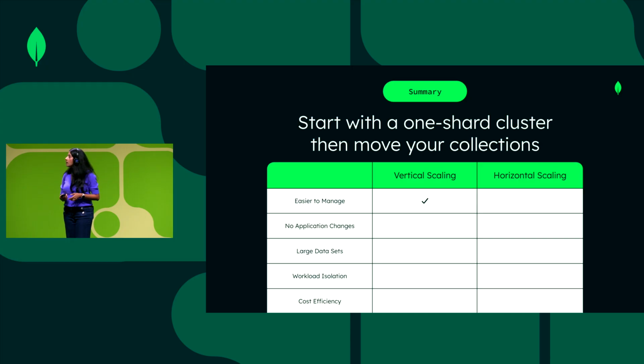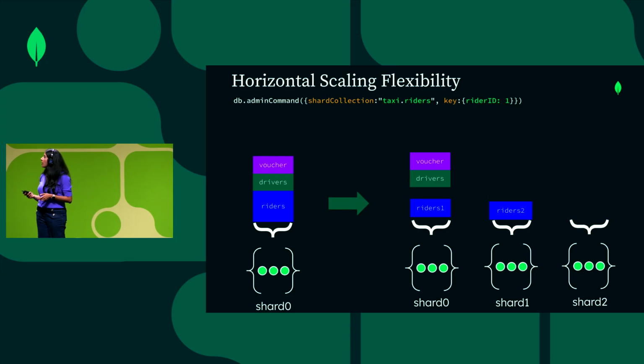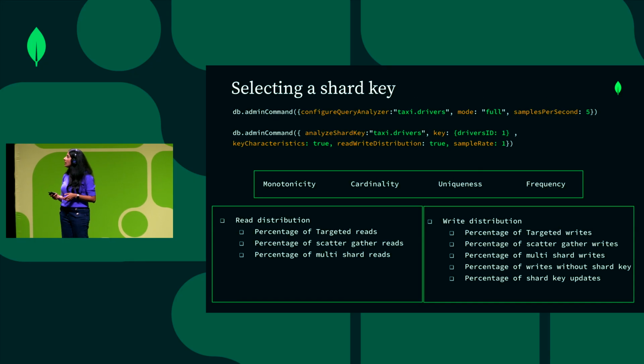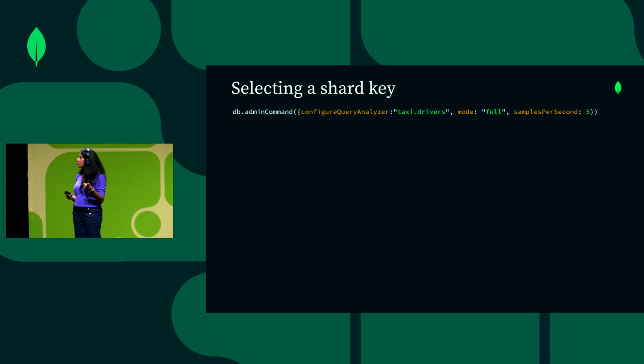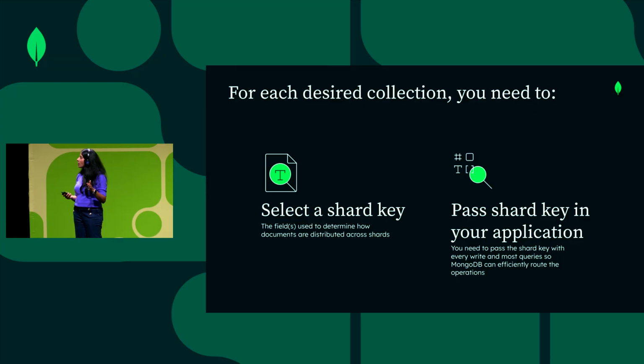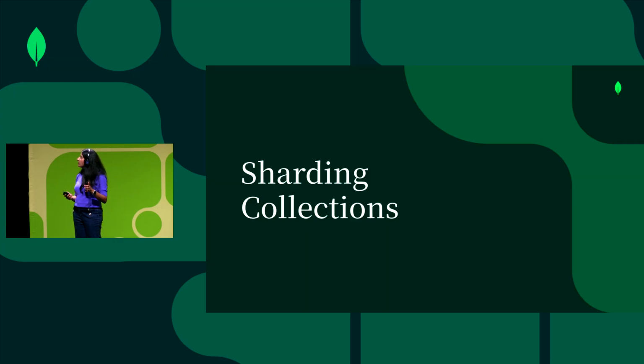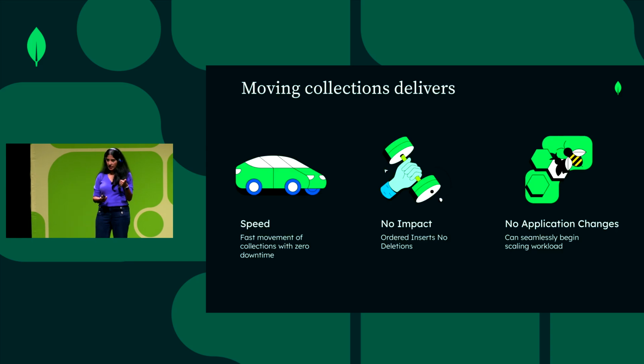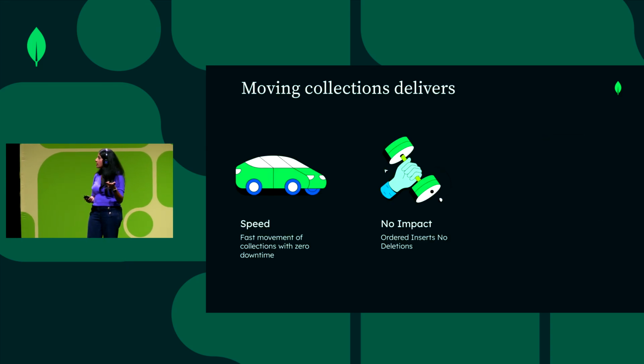Yeah, this will take me a while. I'll give you the top six. You have too large of a data set, and that is not able to fit on a single machine.